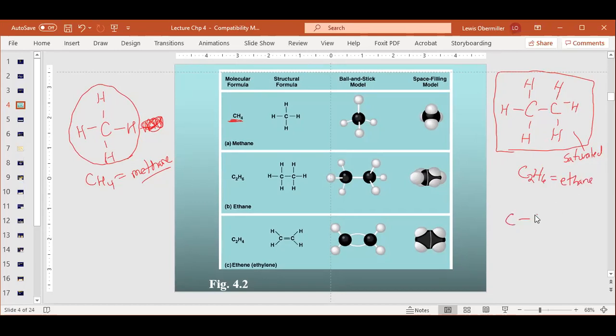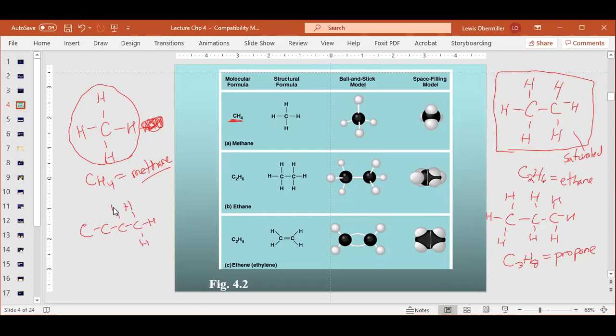And then we could keep going. We have 3 carbons, and then we just fill it with as many hydrogens as we can. And this would be C3H8. This is propane. You guys are probably familiar with that if you use a gas grill. And then I'm going to jump over here and we'll do the last one, which is C4. And you're just going to have to memorize the names.